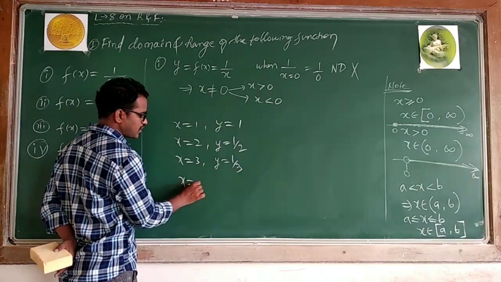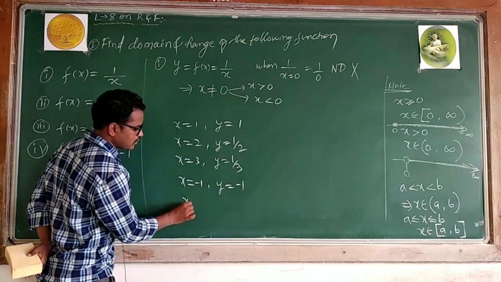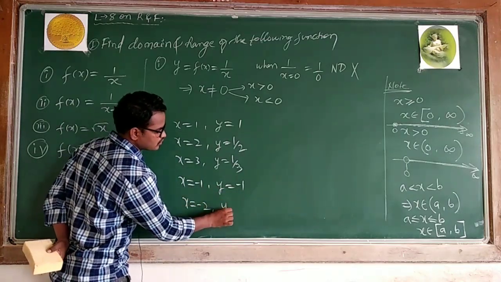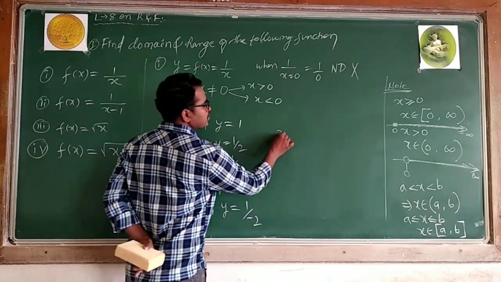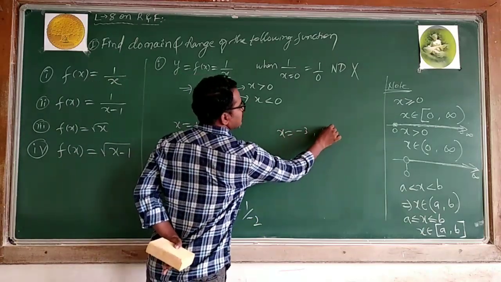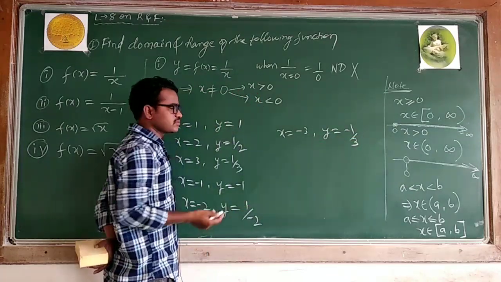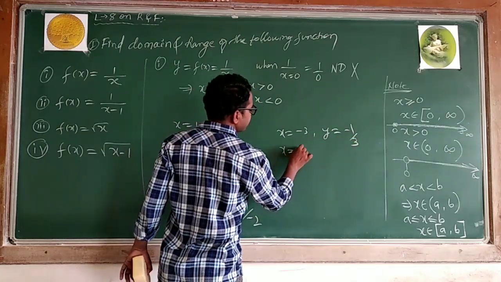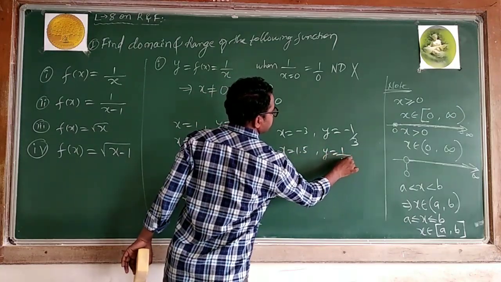X value minus 1, y value is 1 by minus 1, which is minus 1. X value minus 2, y value is 1 divided by minus 2. X value minus 3, y value is minus 1 by 3. X value 1.5, y is equal to 1 divided by 1.5.